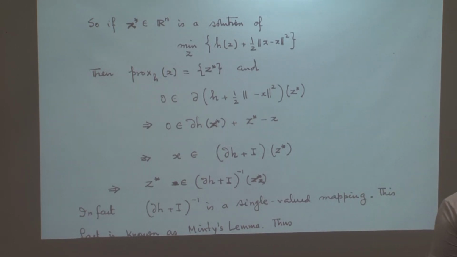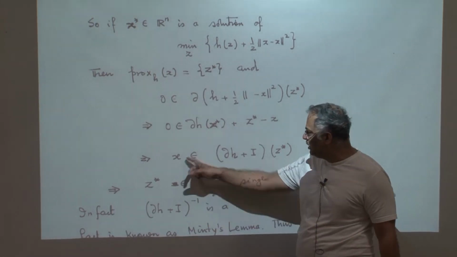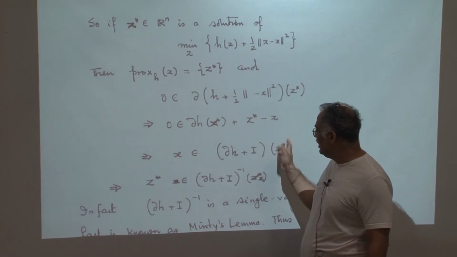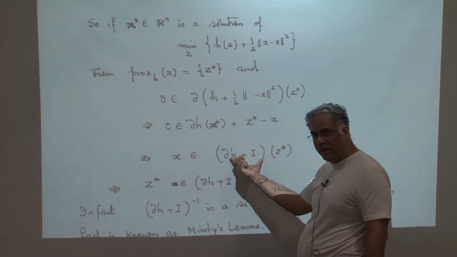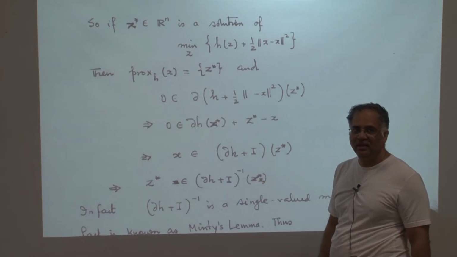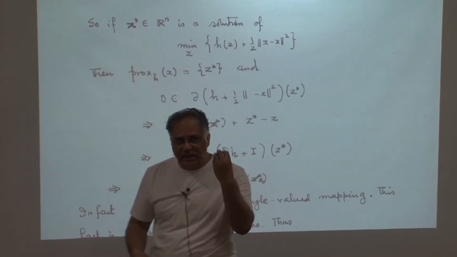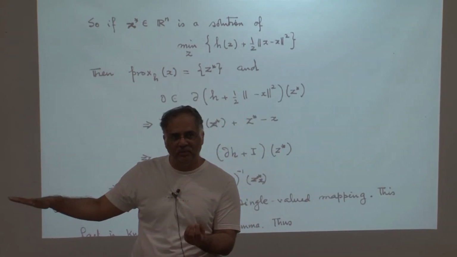So del h plus I z star is a set. So x element of this means z star is an element of the inverse mapping of this map applied at x. But that inverse mapping also has to be set valued. It will take a point to a set, it cannot take a point to a point.